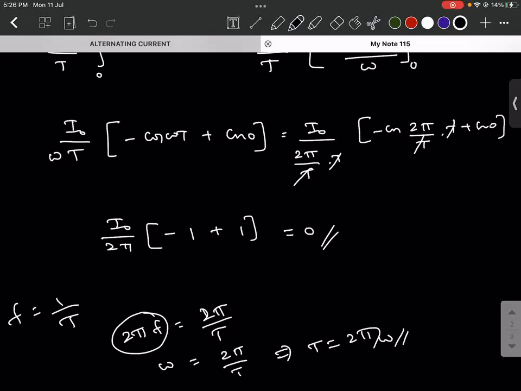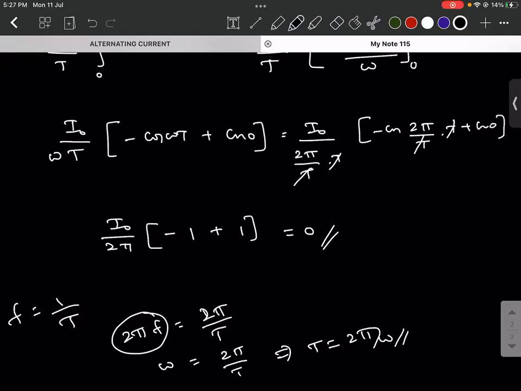I just have an important point to tell you. Did you all understand the fact that when you try to calculate the average value of AC over a complete cycle, the answer comes out to be 0? When the average value is coming out to be 0, is there anything that we can do with that current? Obviously, no. Which cycle did you define it over?